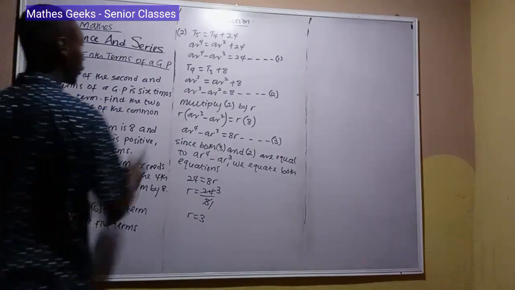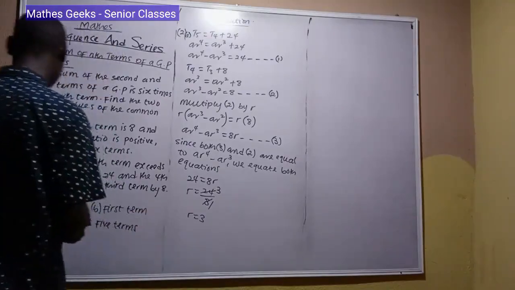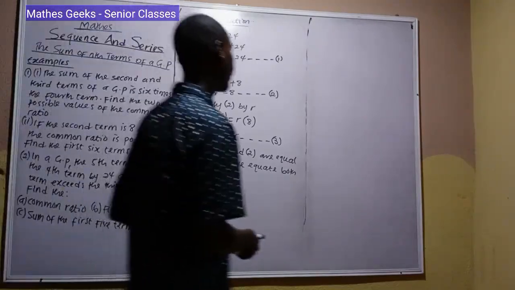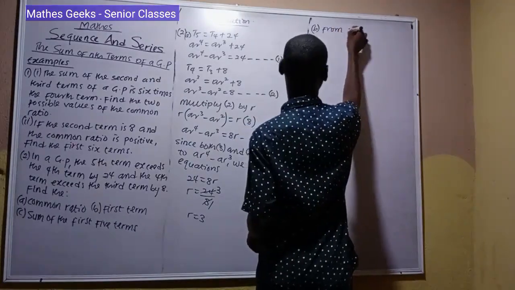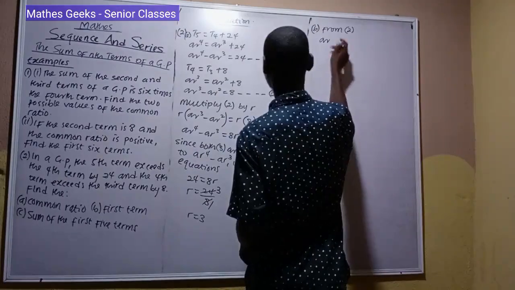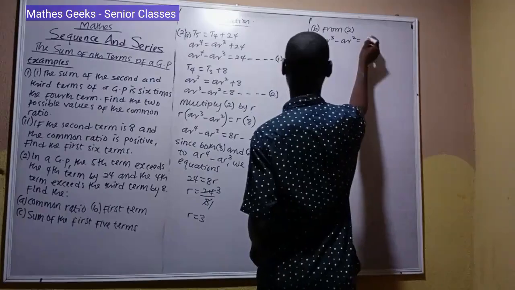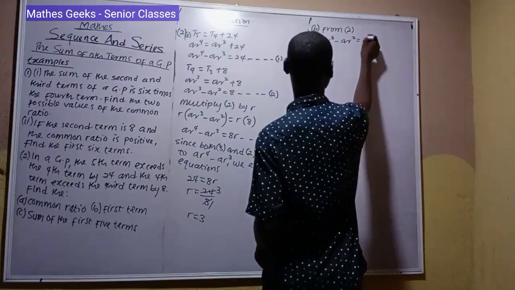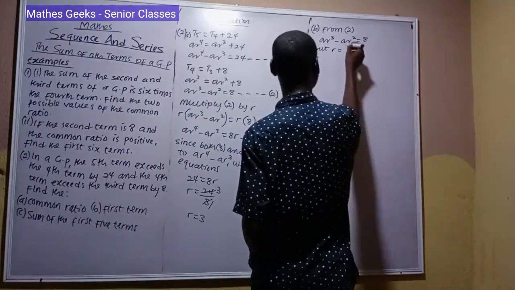We have answered A. This is A. Then B says first term. So from equation 2, A r cubed minus A r squared is equal to 8, but r is equal to 3.